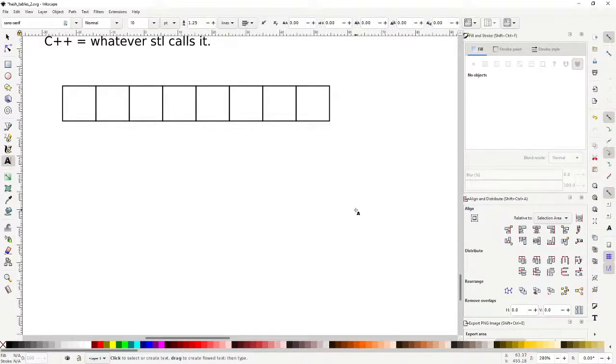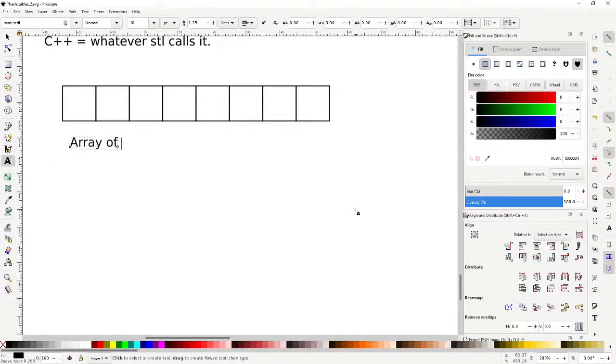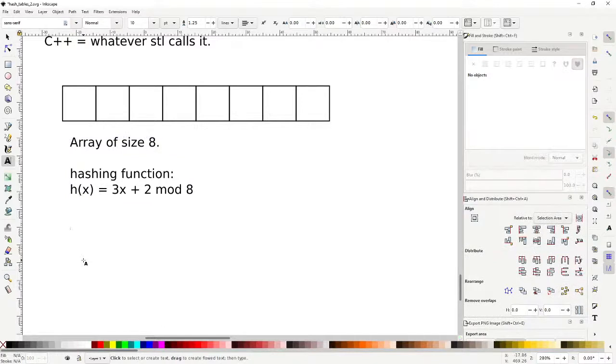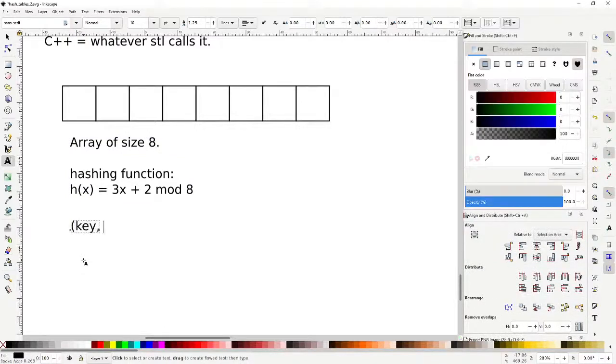Remember that we have an array of size 8, and we have a hashing function, which in this case I'm going to make h of x equal to 3x plus 2 mod 8. Whatever our key value is, that's going to decide what our hash values are. So let's do some examples where we try to insert key value pair combinations.